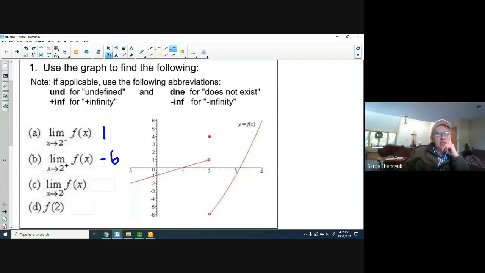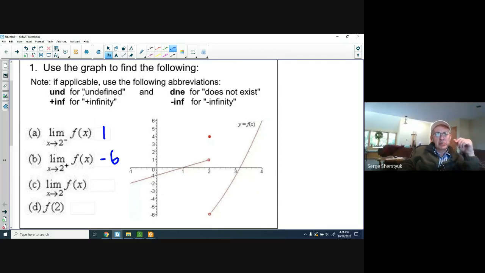Now the overall limit is a combination of the limit from the negative side and the limit from the positive side. If they come to the same destination, that would be a common limit. But in this case, the limit is definitely not common between them, so we say the limit does not exist. This side goes to +1, and this side goes to a negative location, -6.